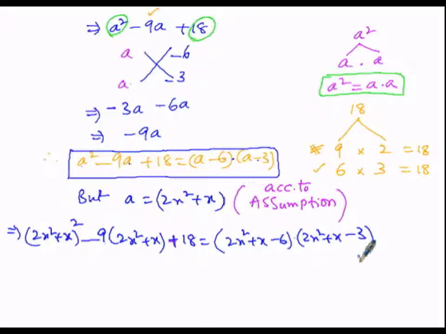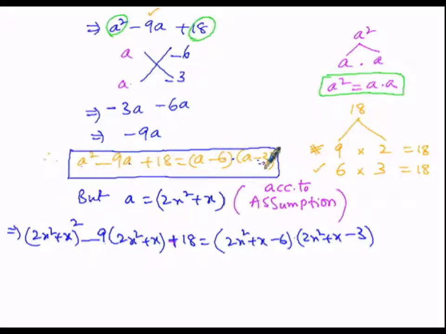In the beginning we assumed 2x squared plus x as a, and we got a squared minus 9a plus 18 factoring as a minus 6 and a minus 3.